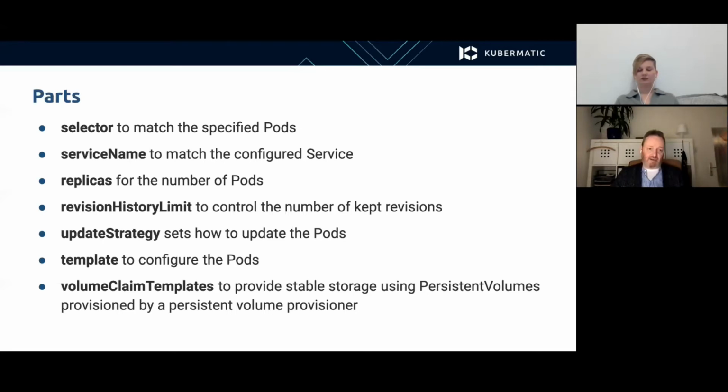You define the number of replicas you want to have in the beginning. You can always scale it later, but you have to set some kind of replica number there. A revision history limit defines, for the rollbacks of the StatefulSet, how many revisions should be stored or kept.